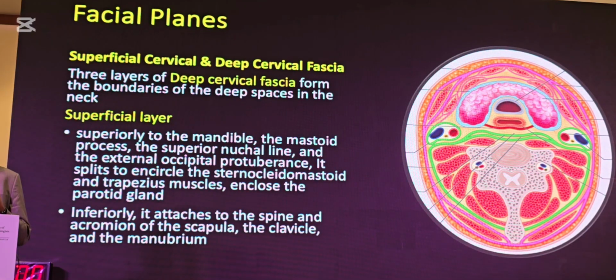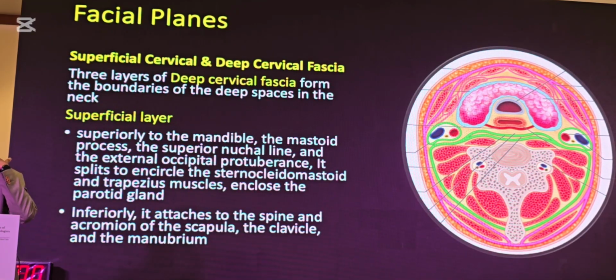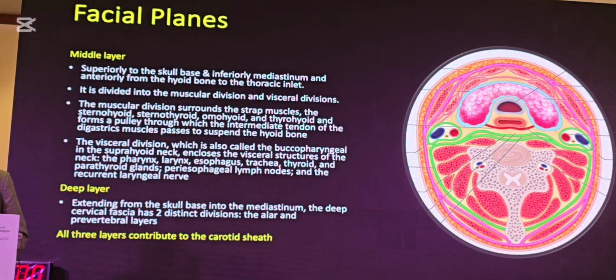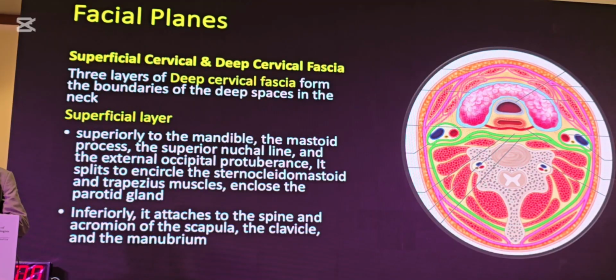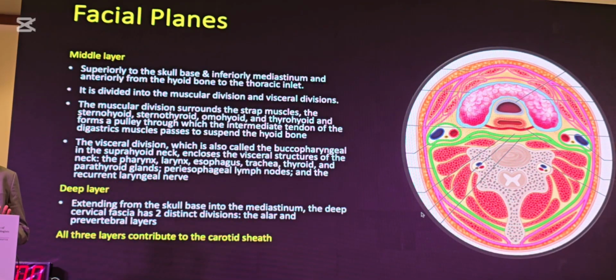The superficial layer runs from mandible to mandible, mastoid process, occiput, and down up to the manubrium sternum and the clavicle. It encloses the sternocleidomastoid and trapezius. These two muscles will be encompassed by the superficial layer of the deep cervical fascia.